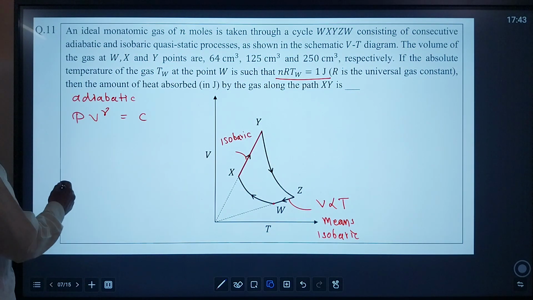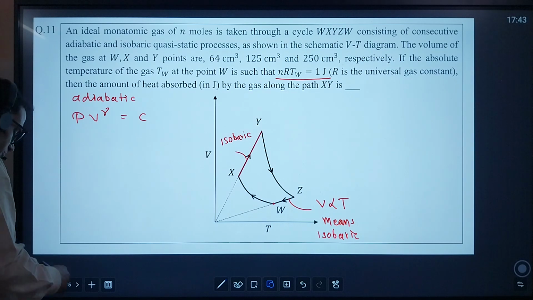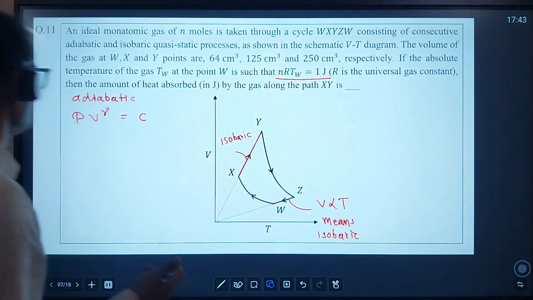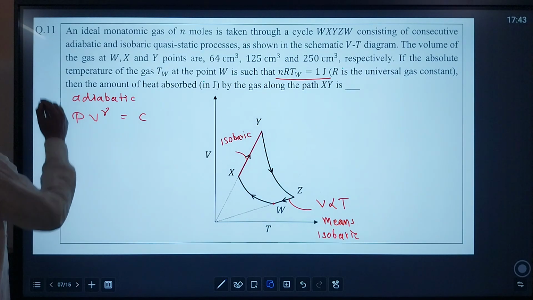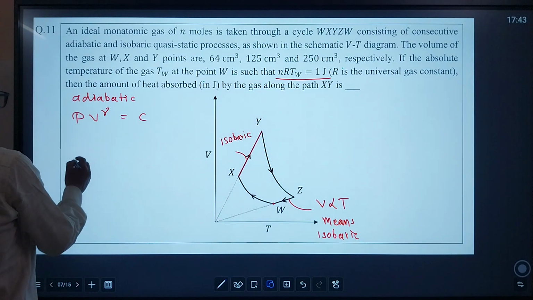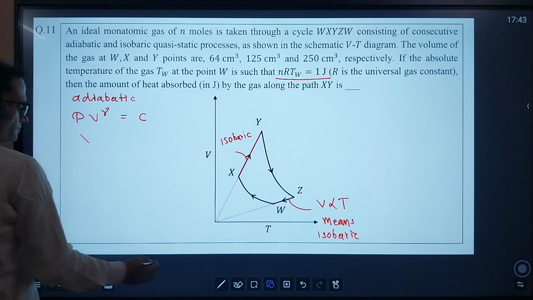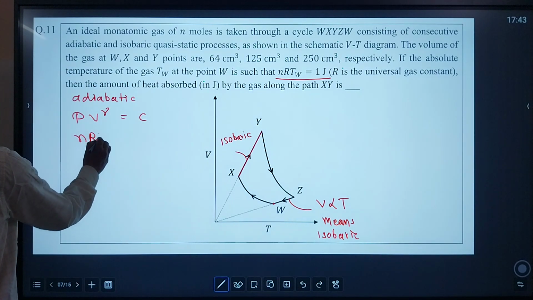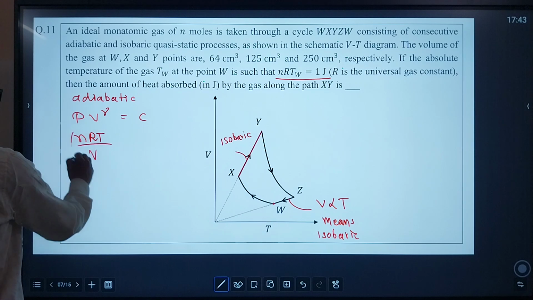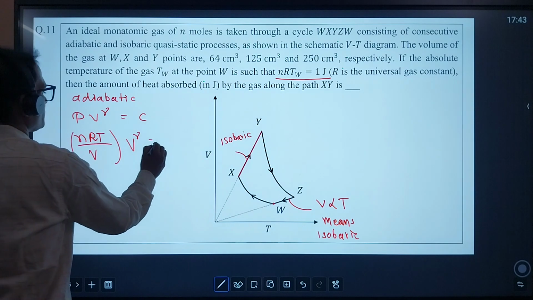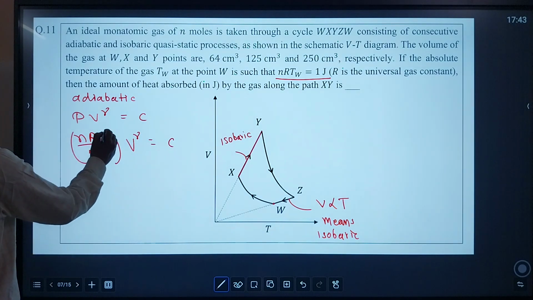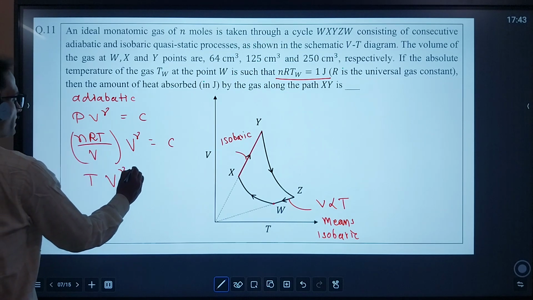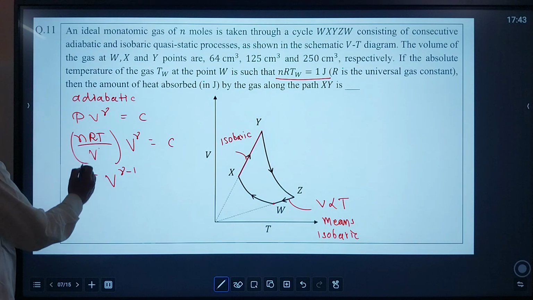Because we don't have PV diagram, we have TV diagram, I would like to eliminate P here. So P will be nRT by V, and to the power gamma, is equal to C. So power of T is 1 and power of V is gamma minus 1, this is minus 1 power, it is at the bottom.